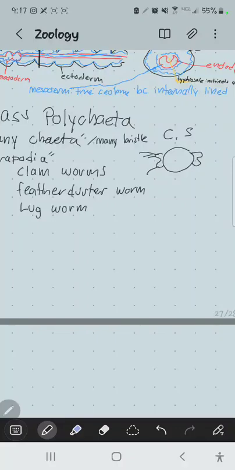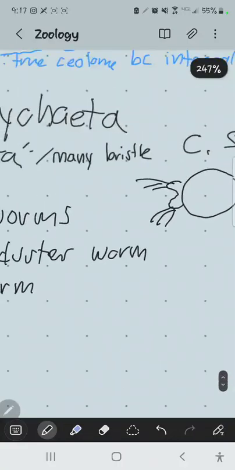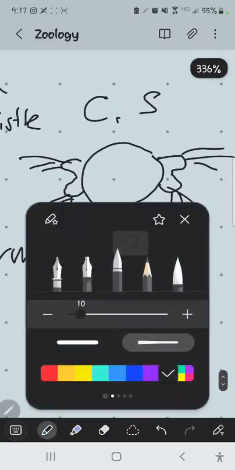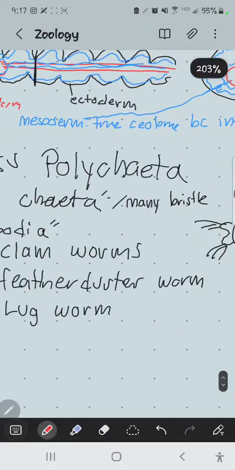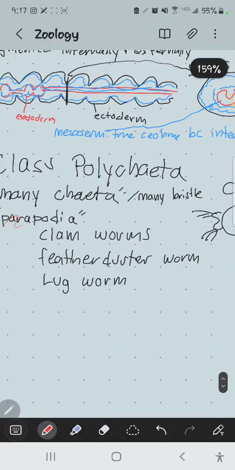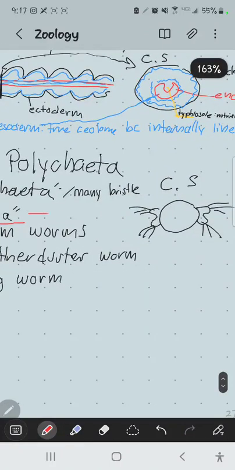So what we've got going on here, let's see if I can get some labels here. These are parapodia. And the bristles are basically stout hairs that occur on the parapodia. So they use the bristles kind of like track spikes or cleats when they're burrowing through the sand or in the mud. They're essentially little spiky locomotion.